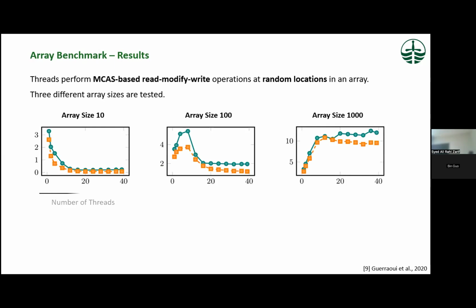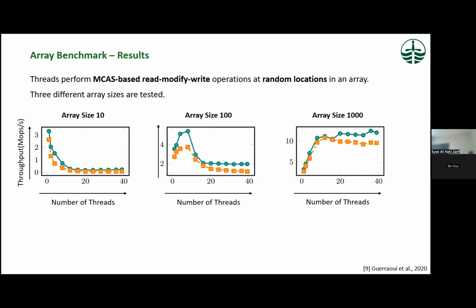And the horizontal axis represents the number of threads, and the vertical axis holds the throughput, in millions of operations per second. Here, the green dots represent AOPT, and the orange represents the persistent multi-word compare-and-swap baseline algorithm.